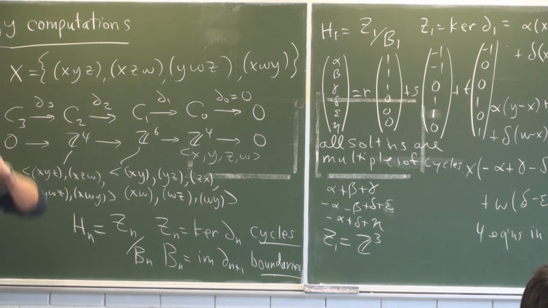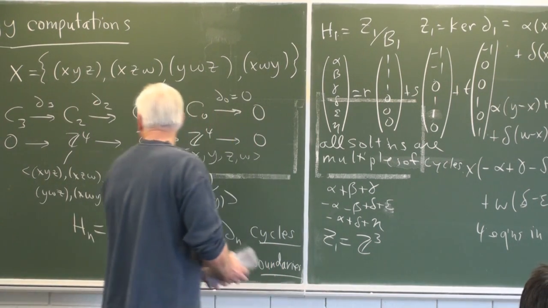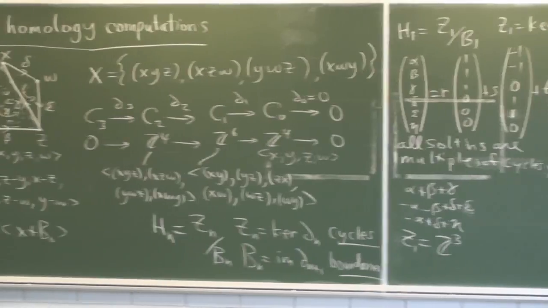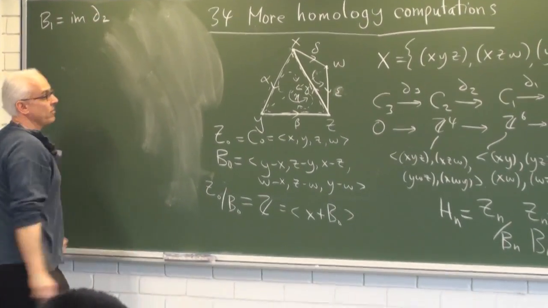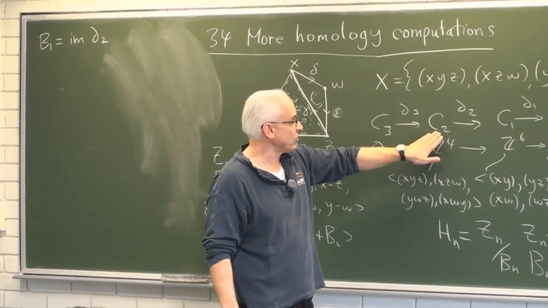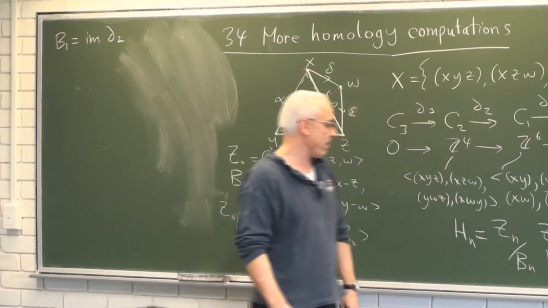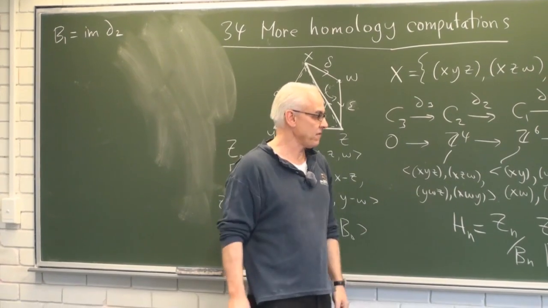Okay, what about the boundaries? So B1 is the image of delta 2. When we're going from the 2-chains to the 1-chains under the boundary, what is the image of that map? In other words, what are all the possible boundaries of our 4 faces?